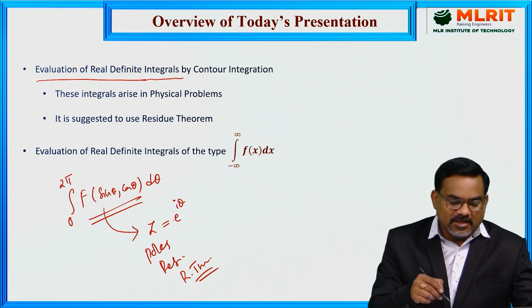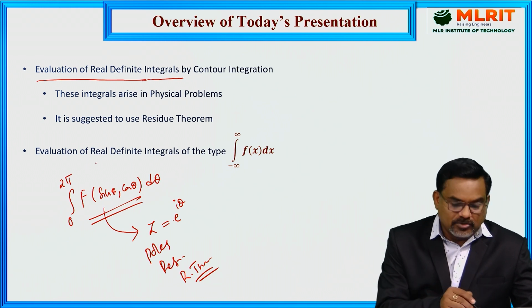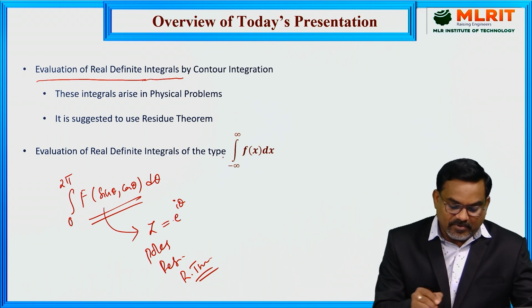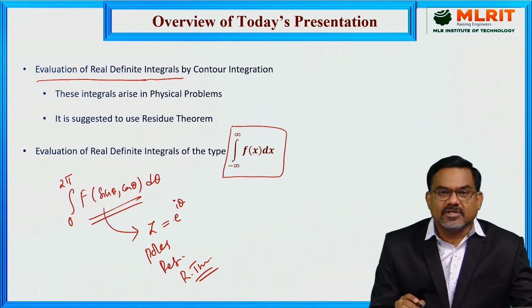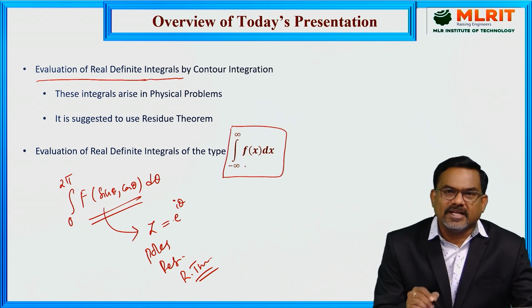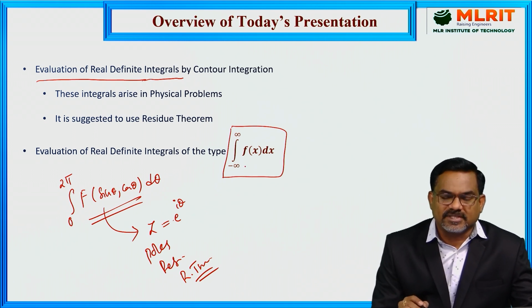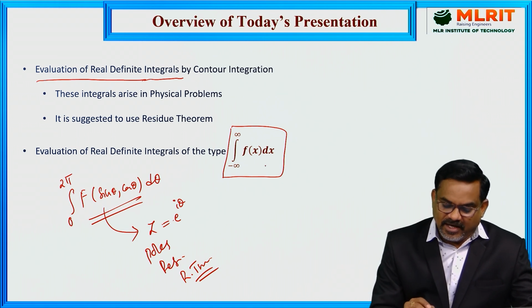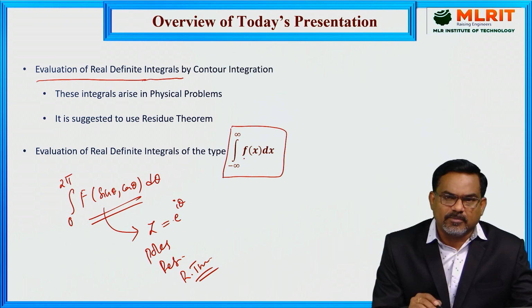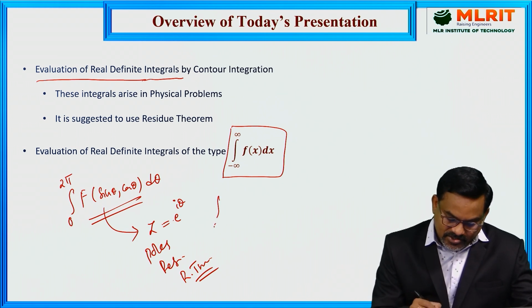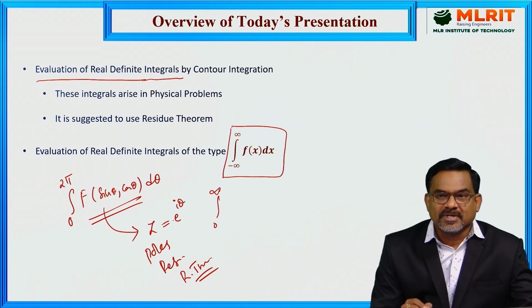Similarly, today I am going to introduce the method of evaluating the line integral of the form integral minus infinity to plus infinity f of x dx. Either the limits are from minus infinity to plus infinity, or else we can consider 0 to infinity also.